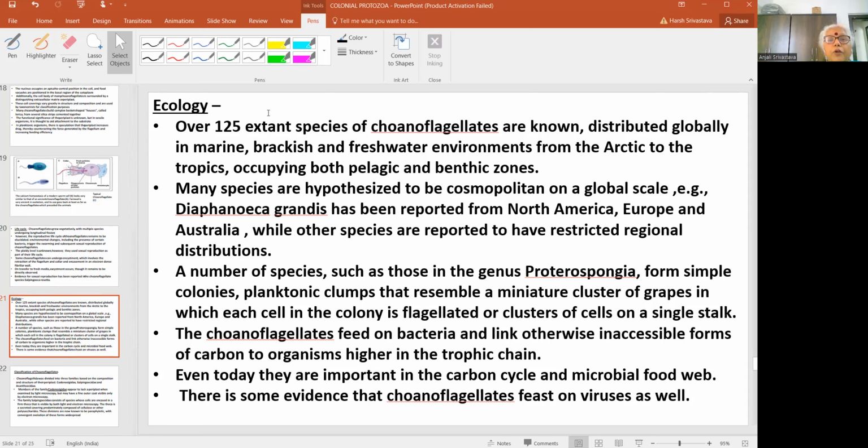Now this is the ecological condition, that is the distribution, habit and habitat. They are found worldwide, from Arctic to tropical areas, occupying both pelagic and benthic zones. Many species are hypothesized to be cosmopolitan on a global scale.